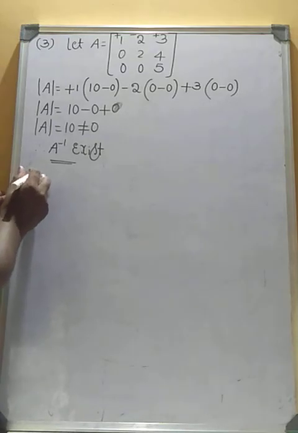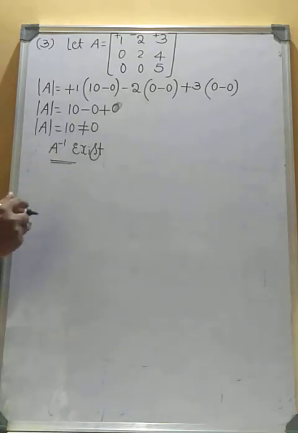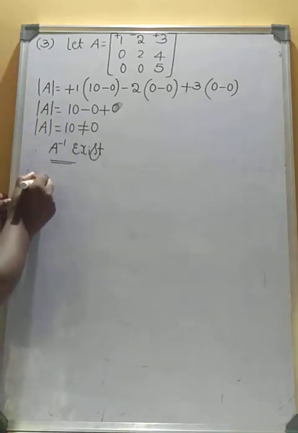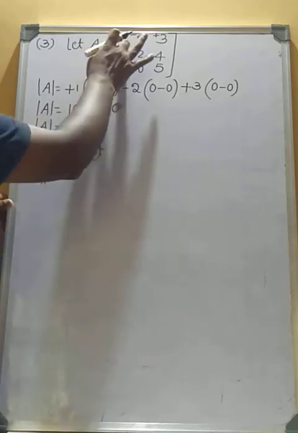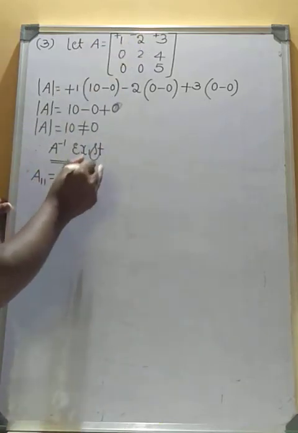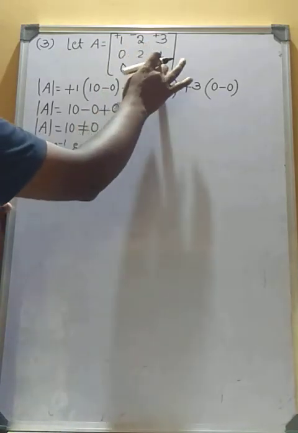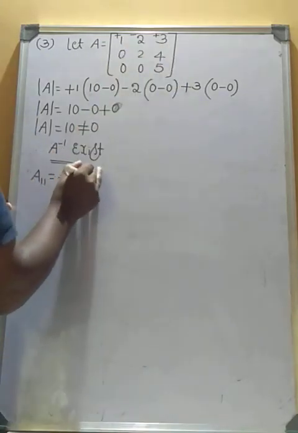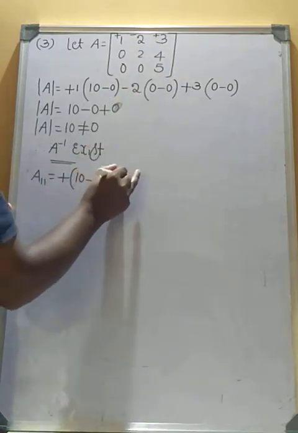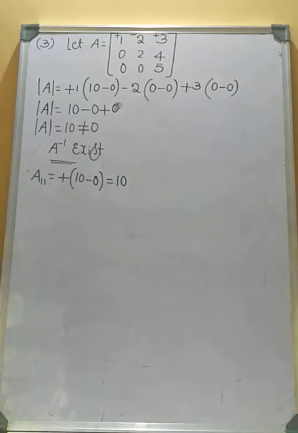The next step is to find adjoint A. Adjoint A was also discussed in the last class. Write the cofactors. First find the cofactor of the element 1, that is A11. Take sign plus. So directly 2 4, 0 5: 2 5s are 10 minus 0 4s are 0, which is equal to 10.